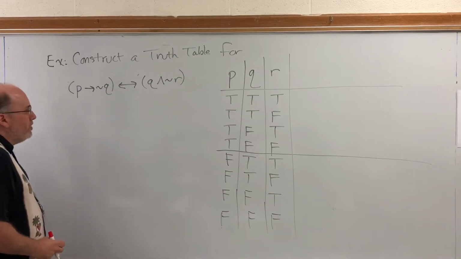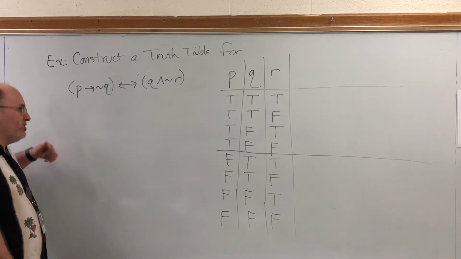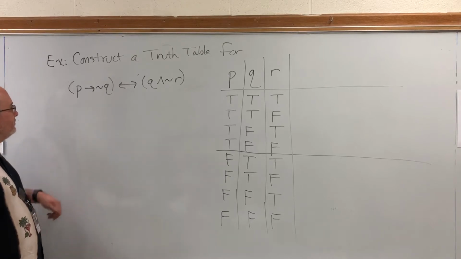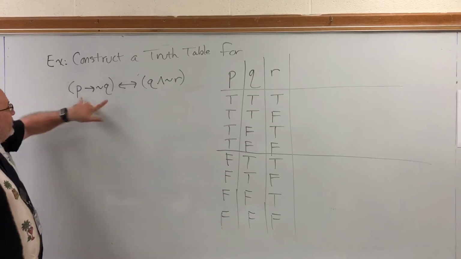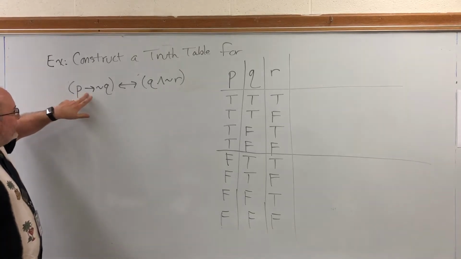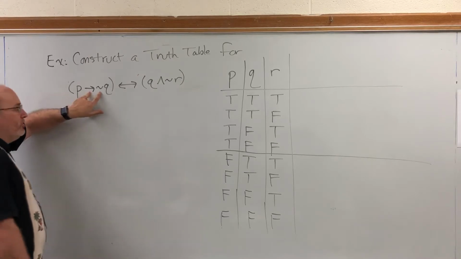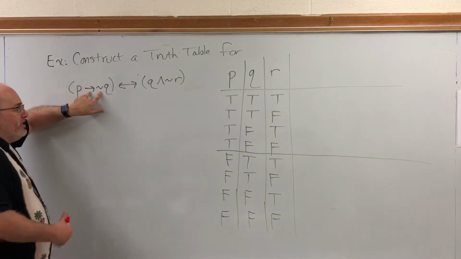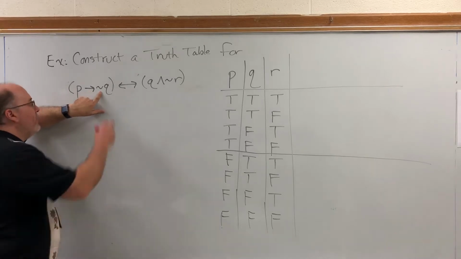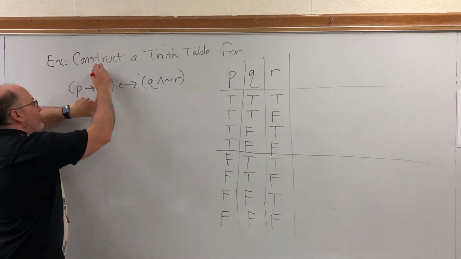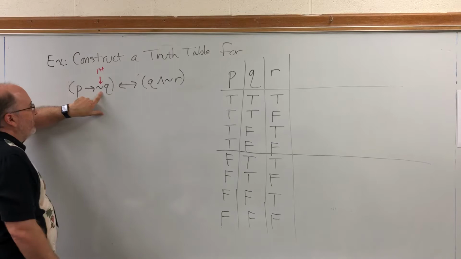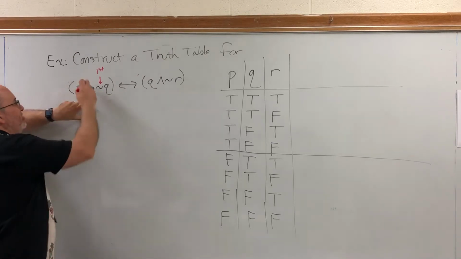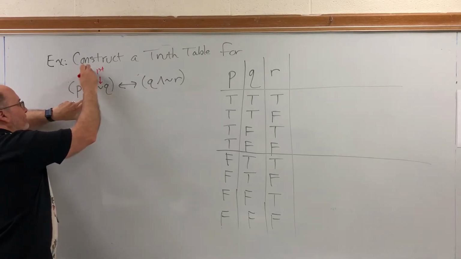Let's start with the parentheses, because that's first in the hierarchy of logical connectives. Within this parentheses, there's a conditional and there's a negation. Between the two of those, negation is higher on the hierarchy, so the negation will happen first. Then, completing the parentheses, this conditional will happen second.